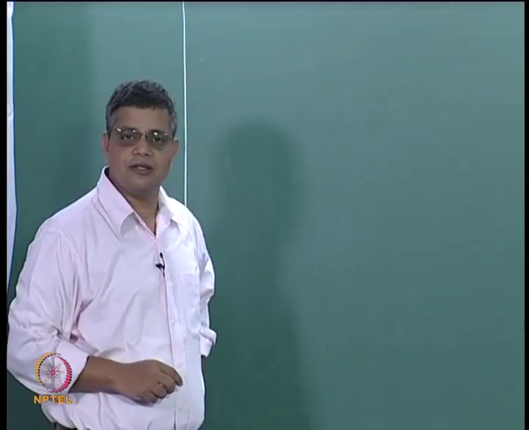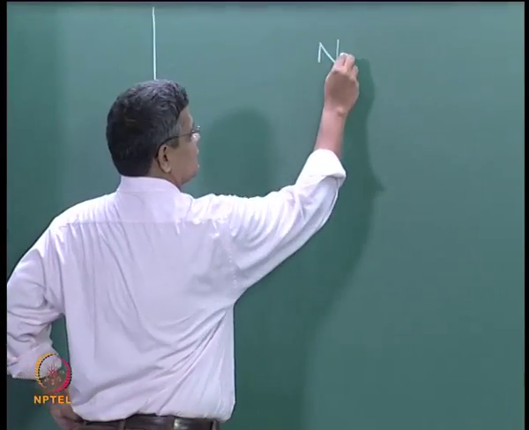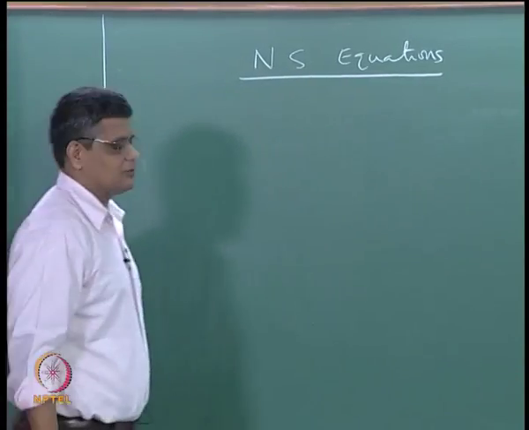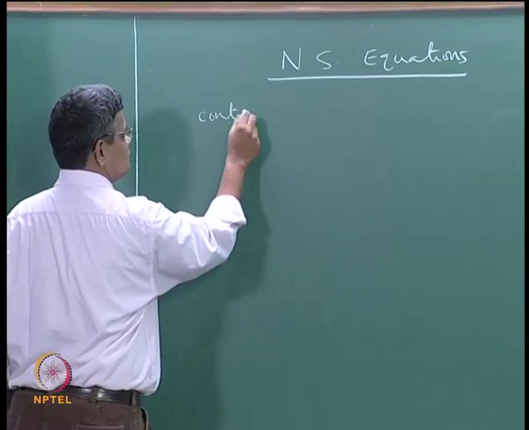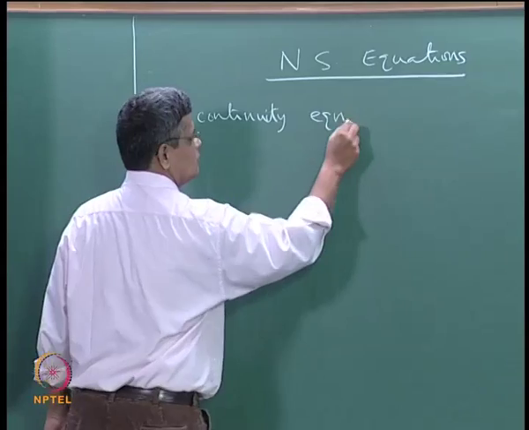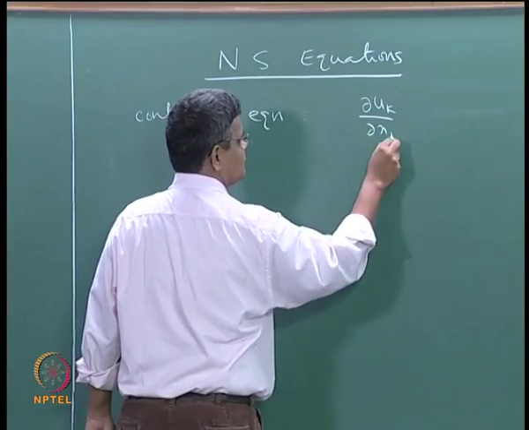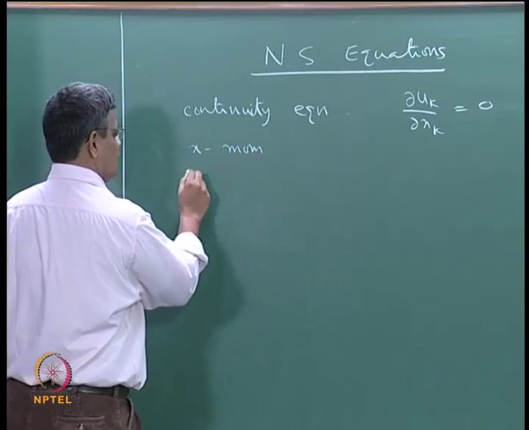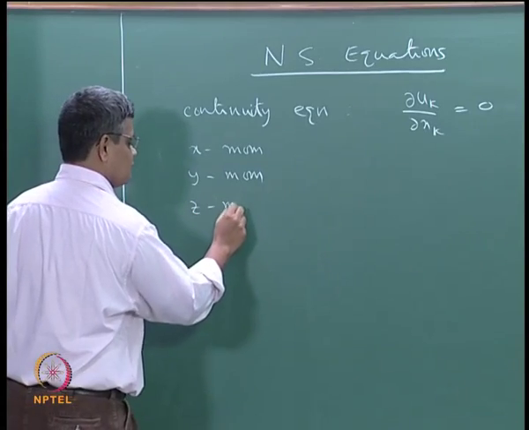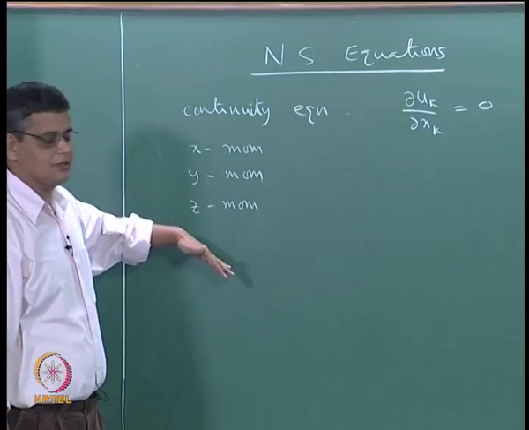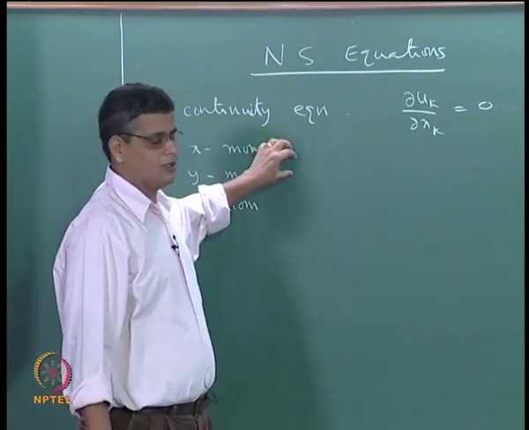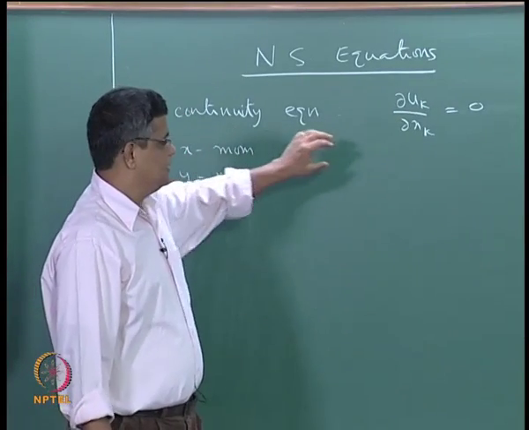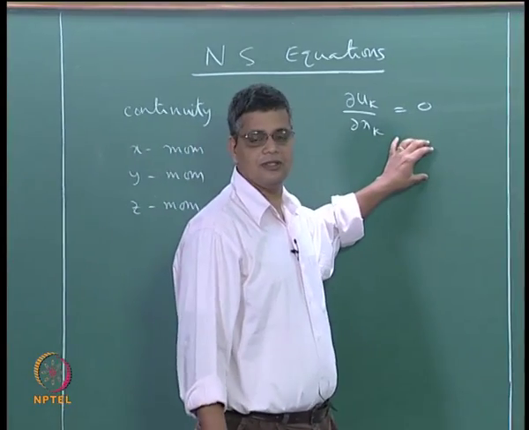Let us recall what the SIMPLE algorithm is. We have the Navier-Stokes equations for incompressible flow consisting of the continuity equation, which we can write as ∂u_k/∂x_k equal to 0, and we have the x momentum equation, y momentum equation and z momentum equation, and each of these will have terms representing the rate of accumulation of x momentum or y momentum, z momentum, and the net advection of the x momentum, and the contribution of the pressure gradient and the contribution of the viscous stresses.